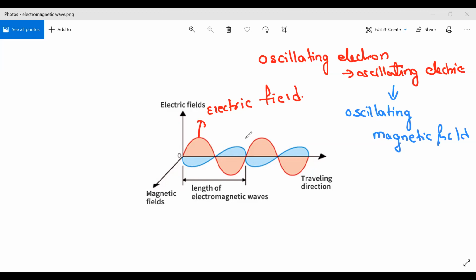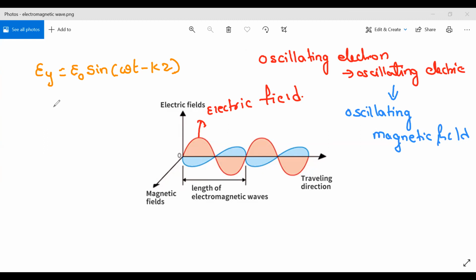So this oscillating electric field wave equation is given by Ey is equal to E naught sine omega t minus kz.